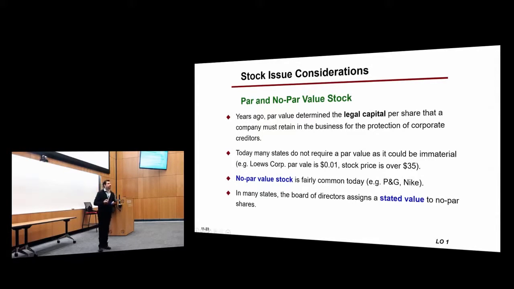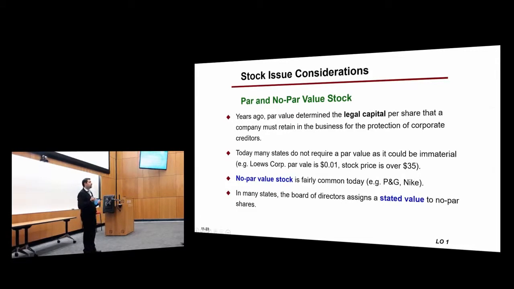The idea was that this is a capital that the company does not have the right to withdraw to protect their creditors. So this amount could not be paid as a dividend. The reason is that this is the minimum amount that the state would require a company to keep in order to protect their creditors.